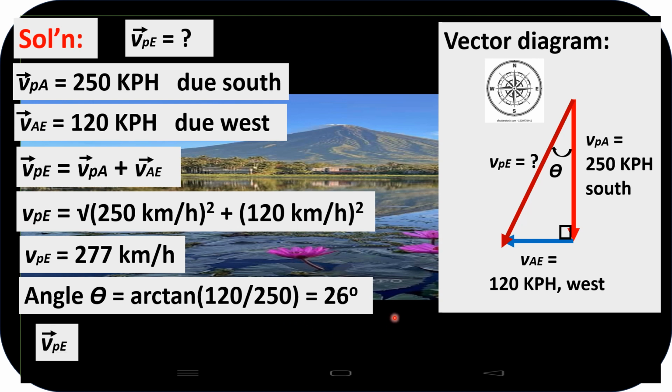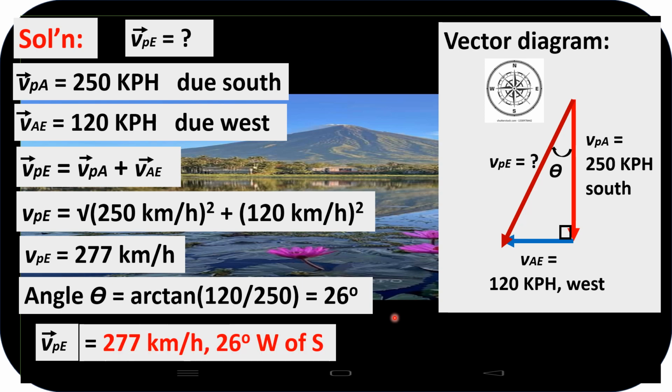So we say that the velocity v sub PE, or the velocity of the airplane relative to the Earth, is equal to 277 kilometers per hour, directed 26 degrees west of south. West of south because we said that the angle theta is the angle measured from the reference axis.